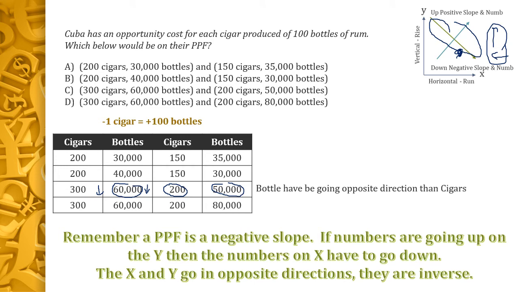And we'll notice that every other one is, and I'll take some of this extra little detail out of here. You'll notice every other one is doing that. The bottles and the cigars are going in opposite directions. So if we look at this one, we're making 300. Now we're making 200. So that's going down. So that's good. Over here, we've got 60,000 and we're going up to 80,000.